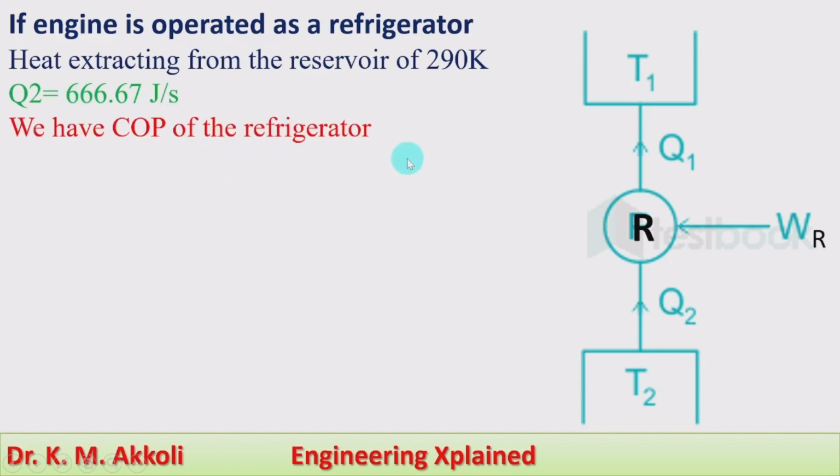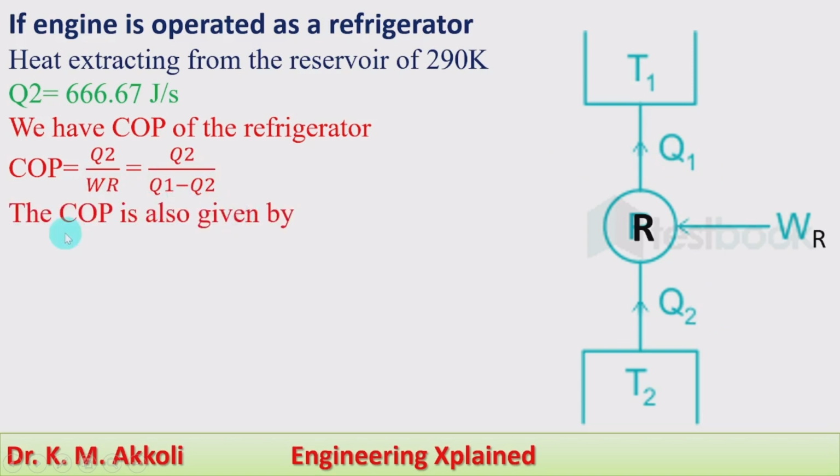We have the COP of the refrigerator as COP equal to desired output by work input. The desired output is the amount of heat we are going to extract from the low temperature reservoir, that is Q2, and the work input is WR, which will be the difference Q1 minus Q2.